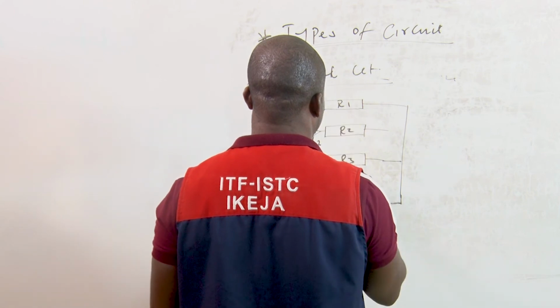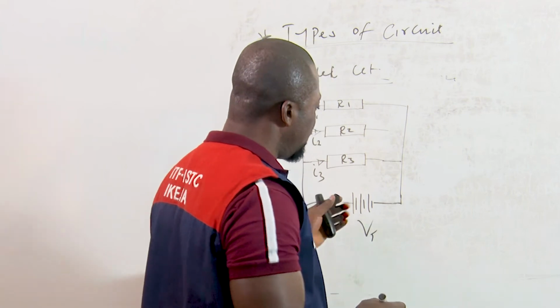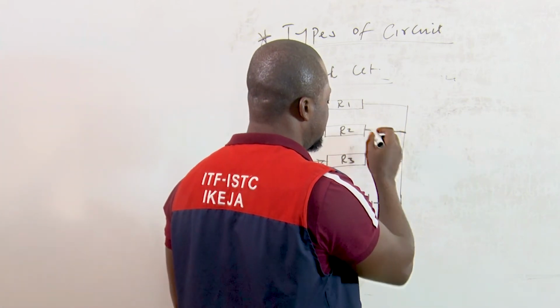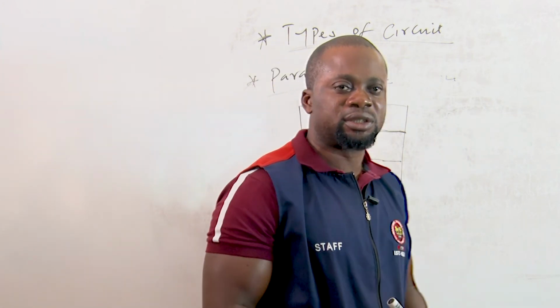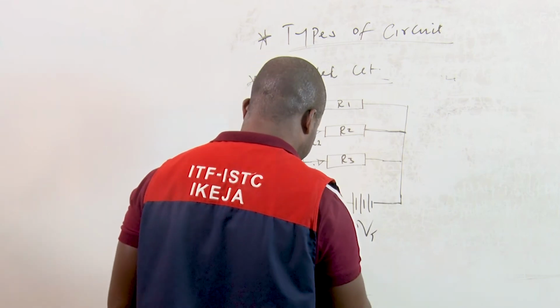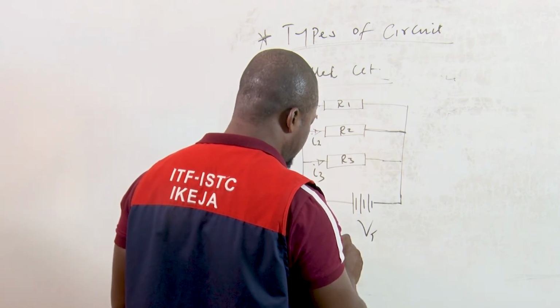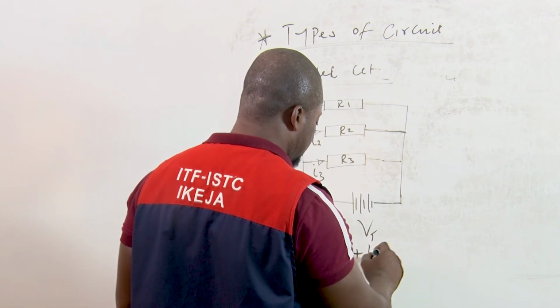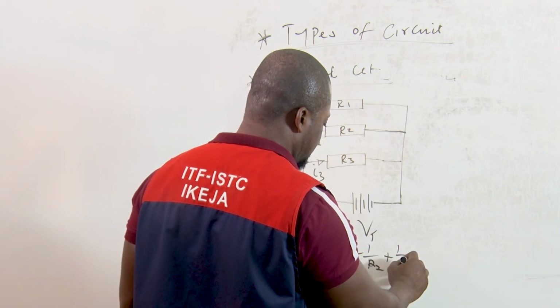You can see that you have current 1, 2, different currents flowing through, but the same voltage supply. So in calculating this, basically we have 1 over RT equals 1 over R1 plus 1 over R2 plus 1 over R3.